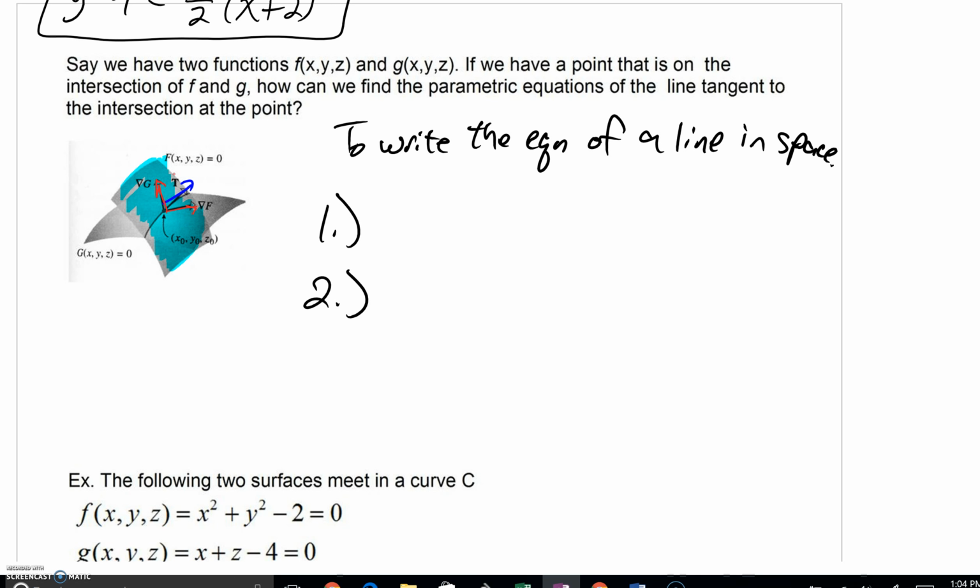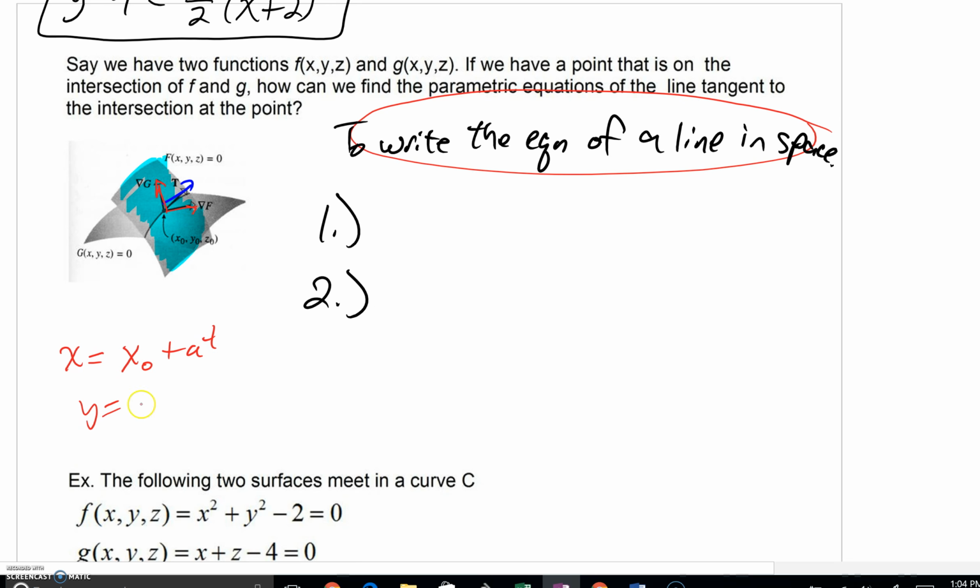And we're going to come to this in just a moment. To write the equation of a line in space, very often we would say x is parametrically, we could write it like this. What do you need to be able to write the equation of a line in space?